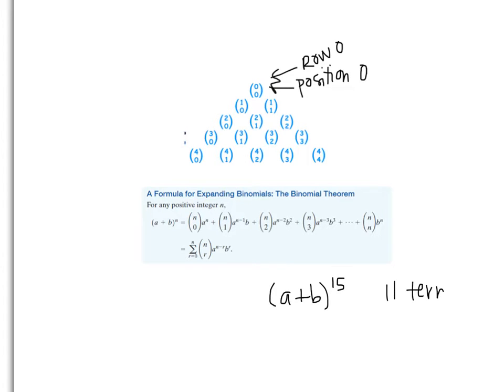Now, instead of generating Pascal's triangle all the way down to the 15th row and then moving over to the 11th term, just knowing that I start counting at 0 makes this much easier. So the coefficient at that point would be in row 15, so 15 for the numerator, and then the 11th term, remembering that it starts counting at 0, would be at position 10. So that way I can jump straight to generating the coefficient much faster.